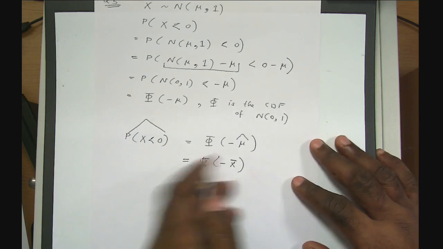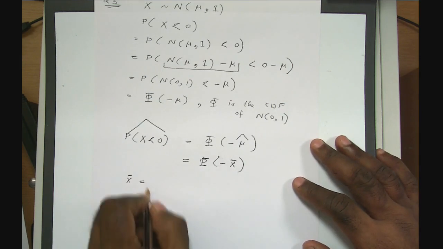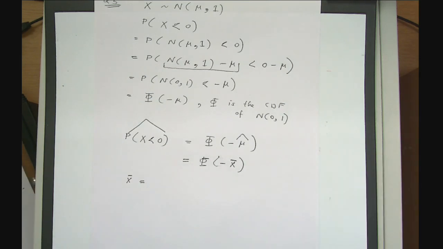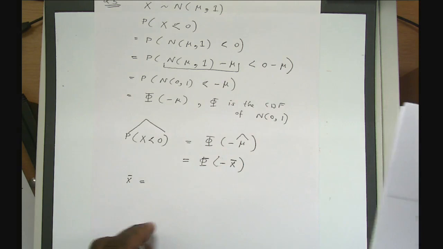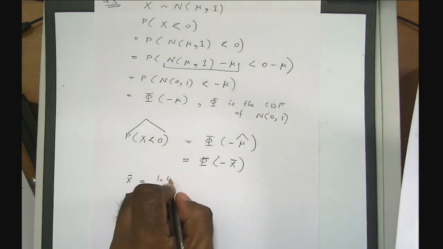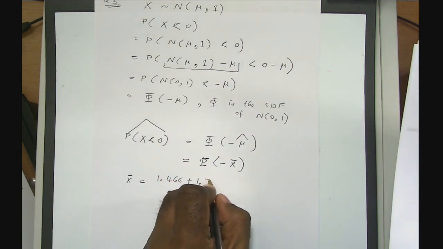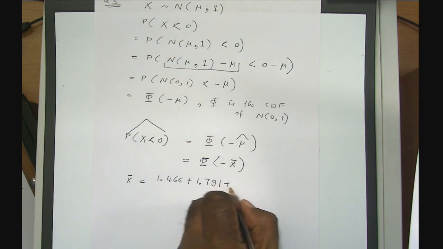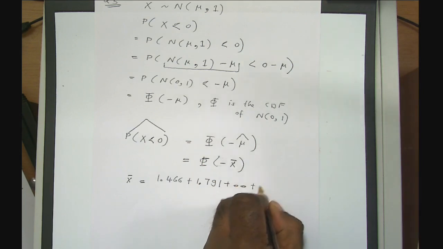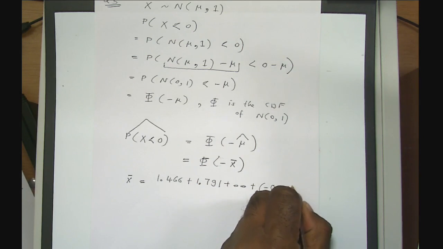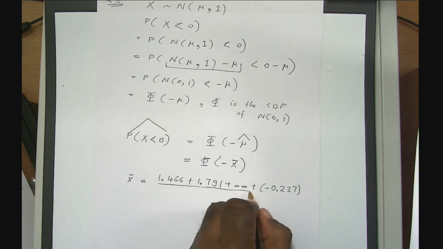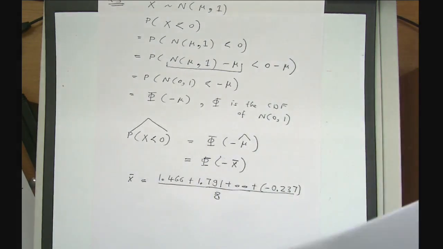All right, so what you need to compute is x bar here, guys. So to compute x bar, you just use the numbers. You see, you're given a set of numbers in the question, guys. So x bar will be 1.466 plus 1.791 plus minus 0.237 and so on, divided by 8.